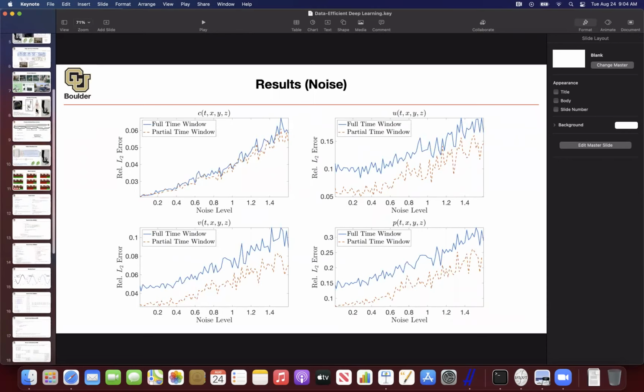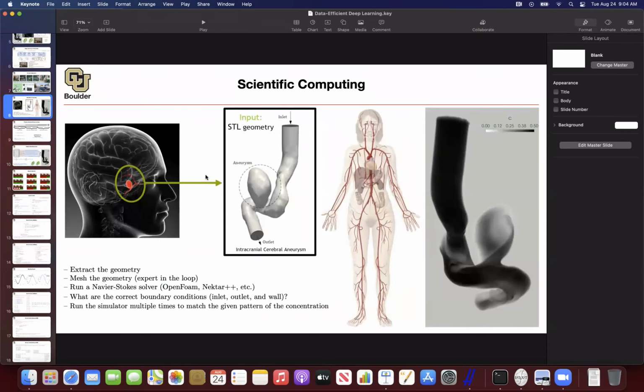And the first part of the question is about, how about not using deep learning, just using pure scientific computing to solve this problem. The problem there is that you don't know what your inlet and outlet are. It means that you need to keep back propagating your errors, adjusting your inlet and outlet. It means that you need to do thousands or millions of simulations to adjust your inlet and outlet boundary conditions to match this pattern.